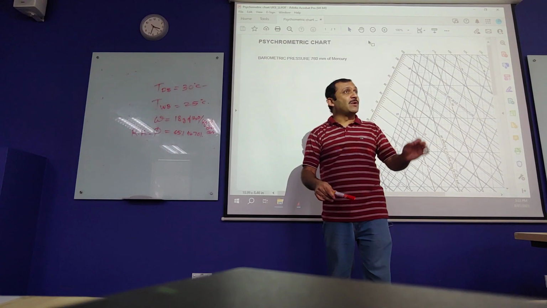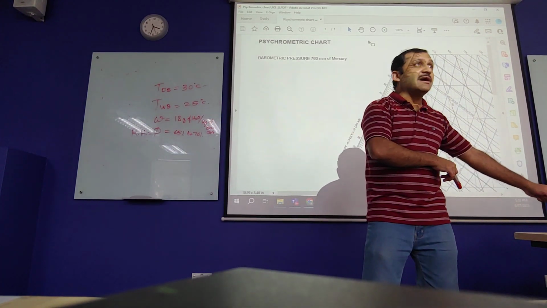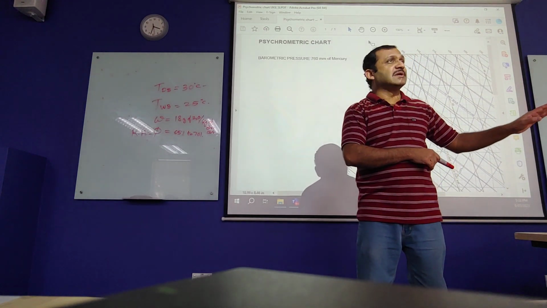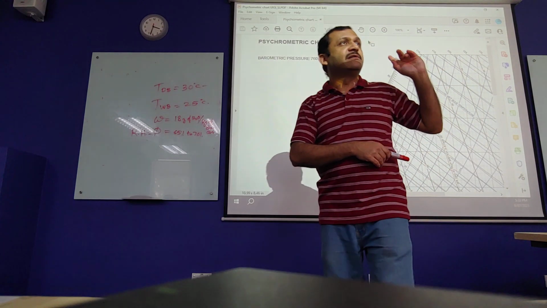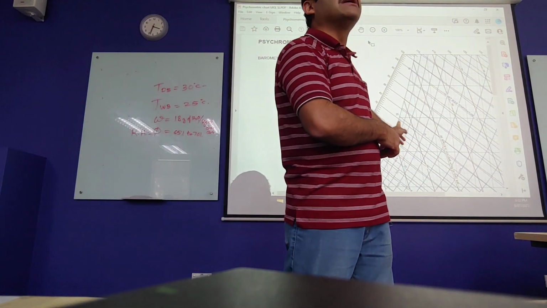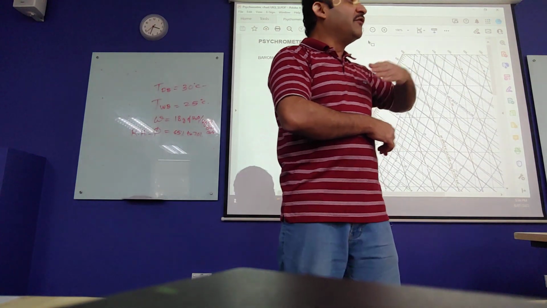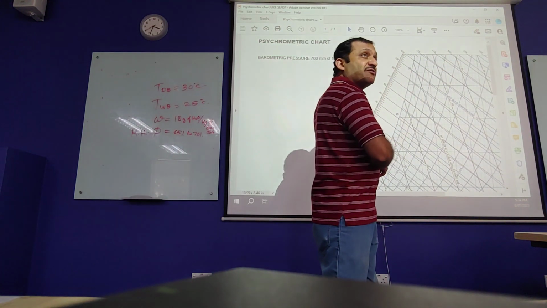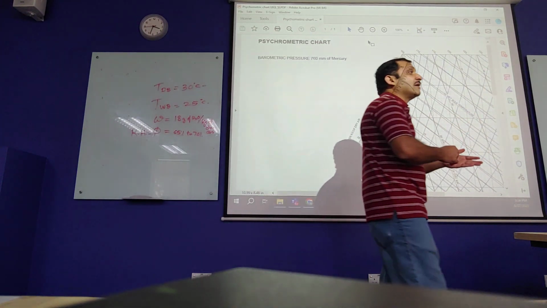If the pressure was 101.5, 101.8, or 100.9, you should not use that graph. I can't say you cannot use it, but it will give you a wrong answer. Small error in there. The further away you go from the pressure of the chart as compared to the actual pressure, the more error it will accumulate.